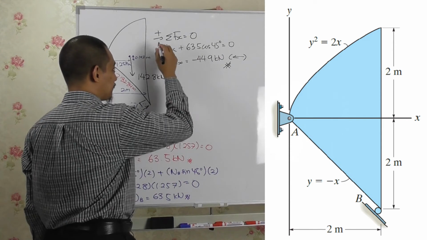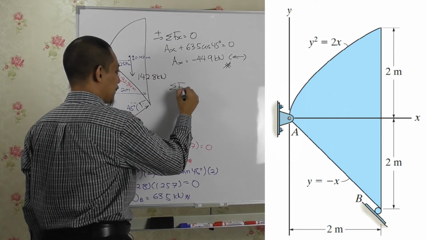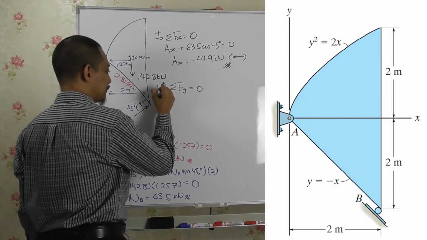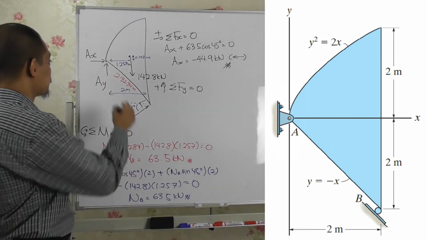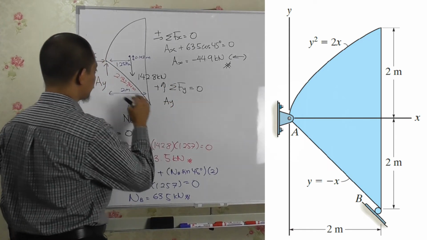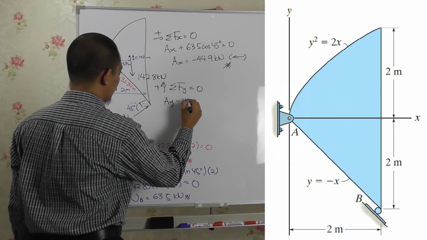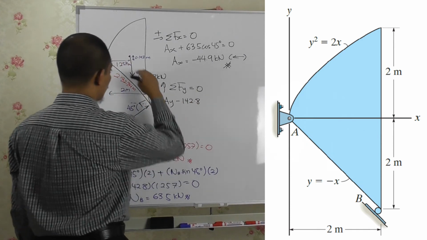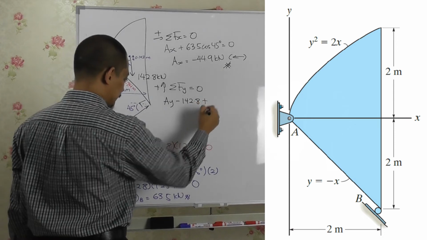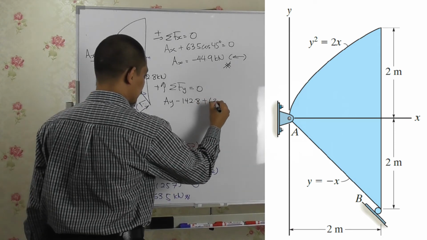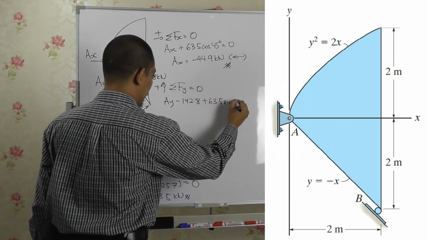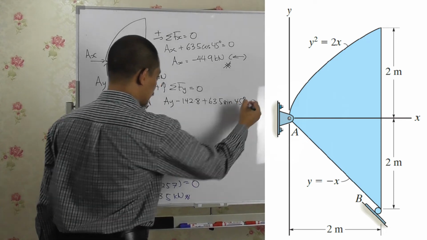Again, another equation, summation of Fy equal to 0. If I take upwards as positive, then you have Ay, then minus 142.8, and then plus 63.5 sine 45 degrees equal to 0.